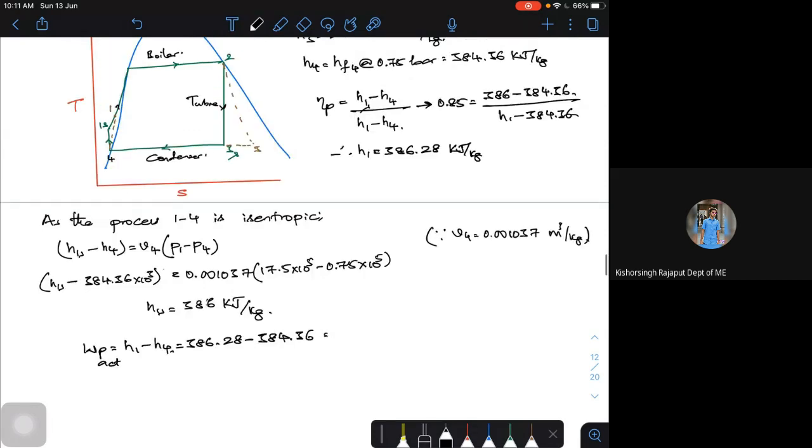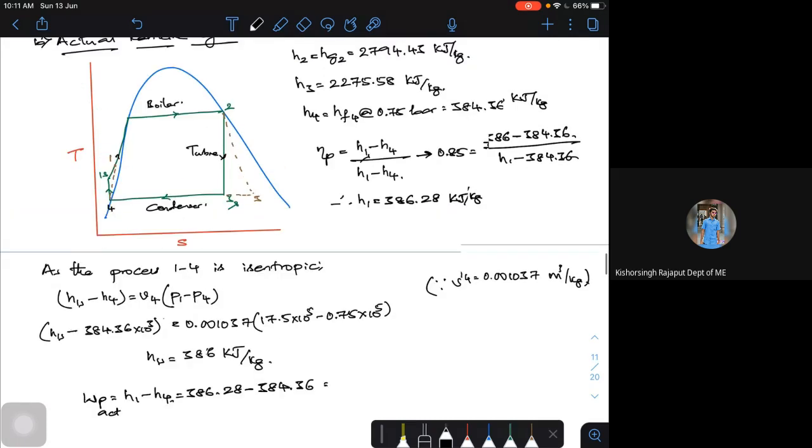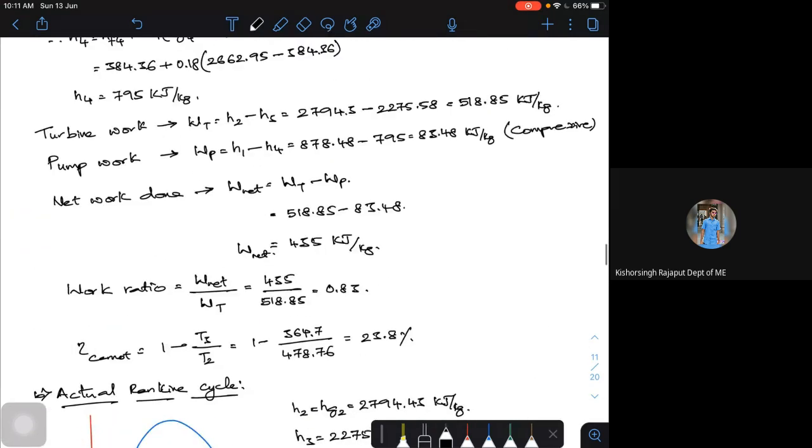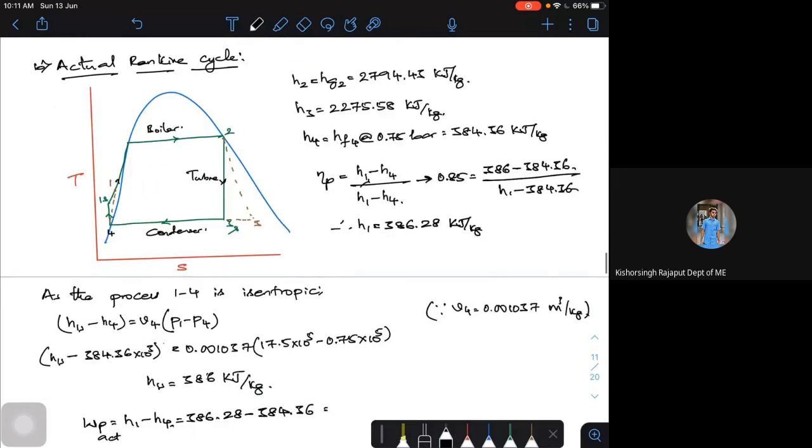Are you getting 386 for H1? How much is H4? H4 is 795.